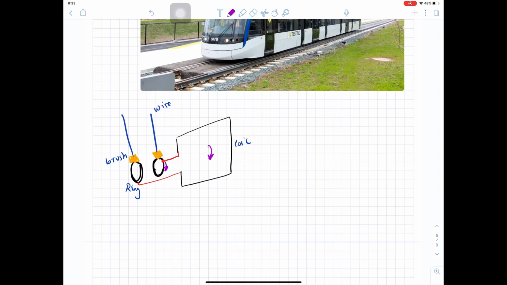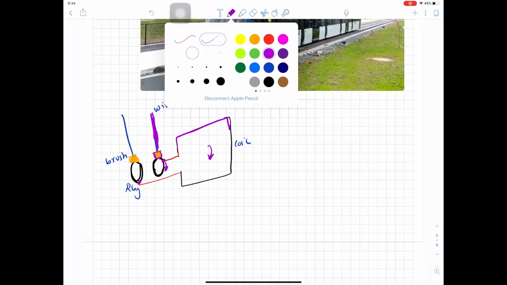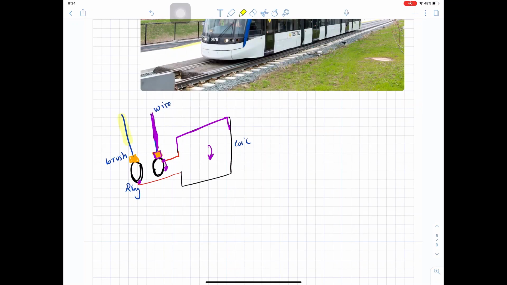So when these rings are rotating with the coil, we can have a solid connection here because there is no relative speed between the ring and the coil. And this brush is touching the ring, and this brush is connected to the wire. So this wire actually is connected to this part, and the other wire here is connected to this part through the brush.